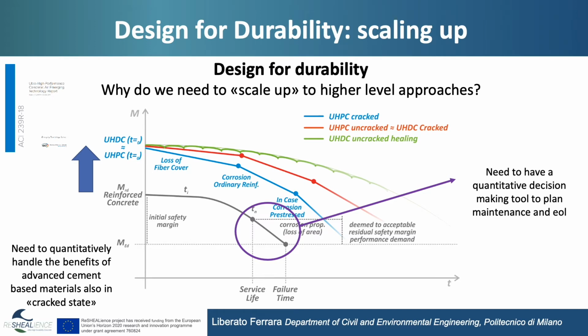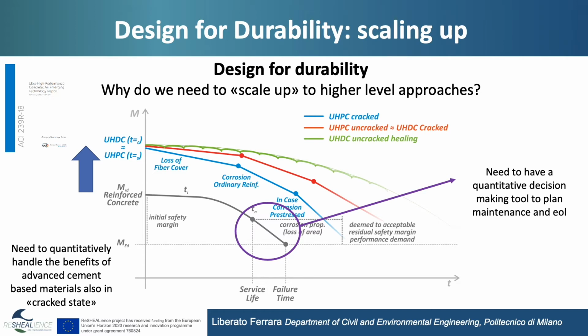So we may need a higher level approach if we need to have a quantitative decision-making tool to plan the maintenance, to plan the end of life. When shall we start thinking of a major maintenance operation? When it will be more convenient to demolish and rebuild in case recycling instead of maintaining.